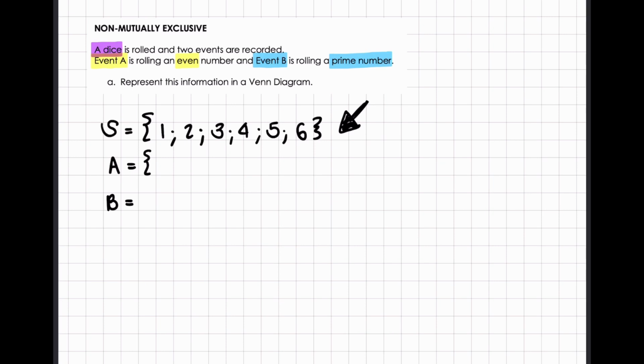So the even numbers between 1 to 6 are 2, 4, and 6. Then event B is rolling a prime number. So now again, working from the values 1 through 6, I'm going to list out my prime numbers, which are 2, 3, and 5. Those are my prime numbers within those values.